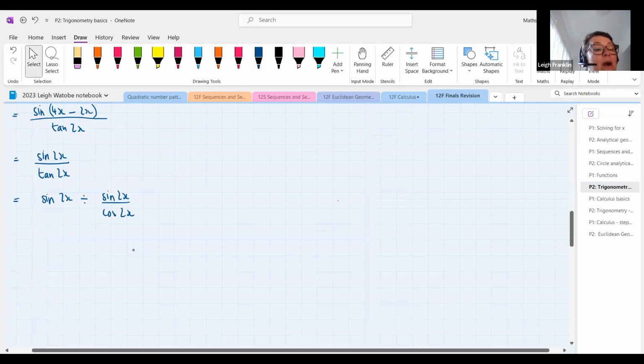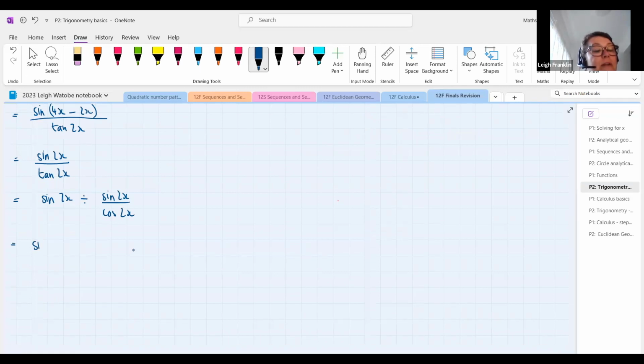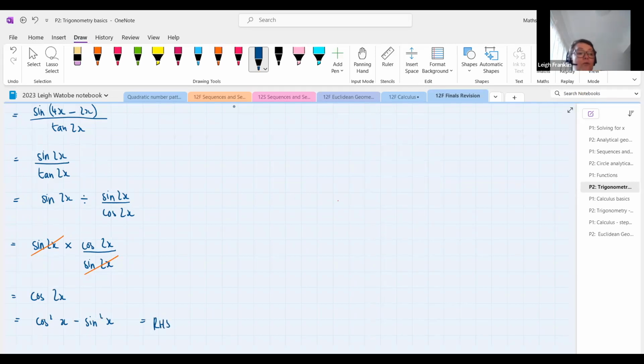Now we've got to work with fractions. So this gives us sine 2x times cos 2x over sine 2x. Divide sine 2x at the top with sine 2x at the bottom. And there we go. That's what we said we needed. We said we needed cos 2x, didn't we? And that would give us cos squared x minus sine squared x. And it would therefore be equal to the right-hand side.